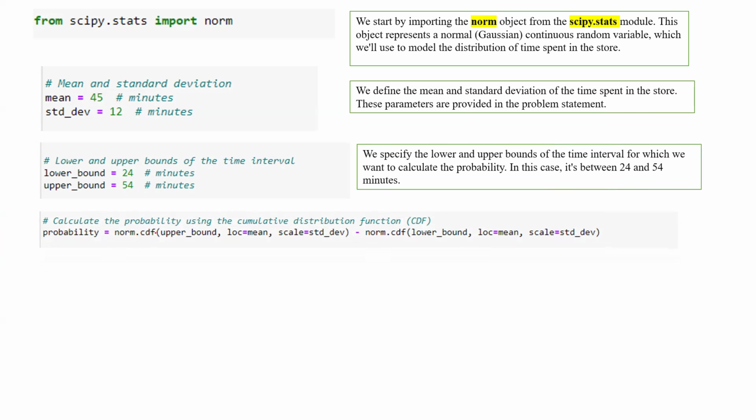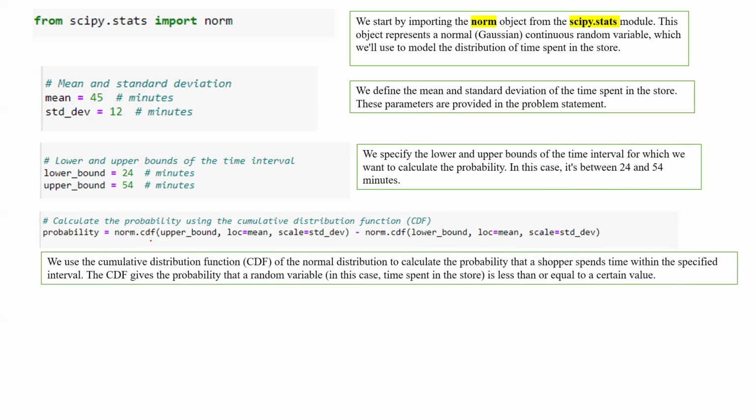norm.cdf. This is basically saying, find the probability that x is between 24 minutes and 54 minutes using the norm function, and it is the cumulative density function.